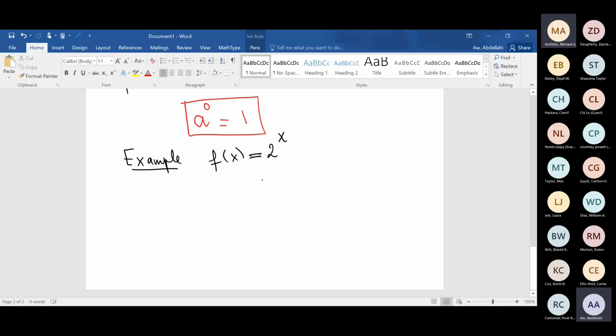You substitute the x, but not the 2. Okay, let's see what this is going to give us. x: 0, 1, 2, -1, -2. Go ahead. Let's take a few seconds to figure out the left column when you plug in those numbers.